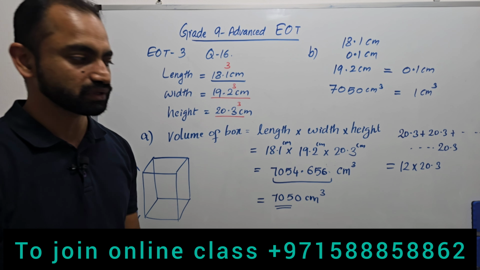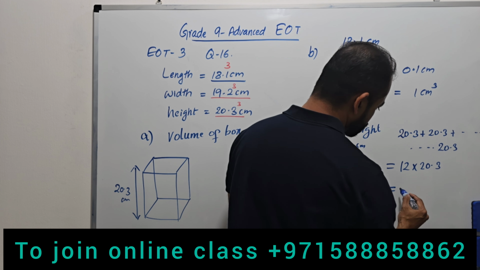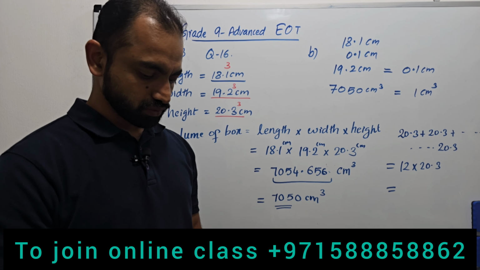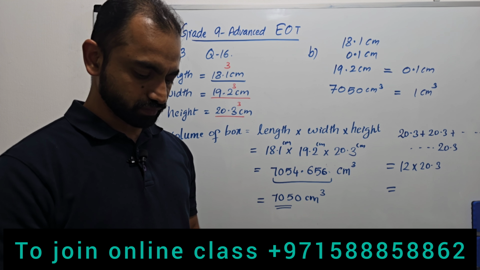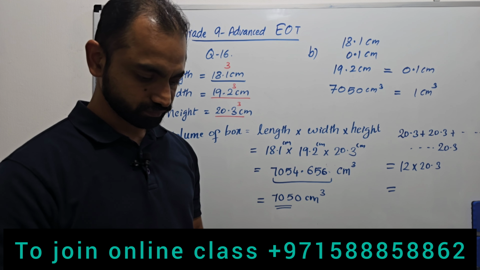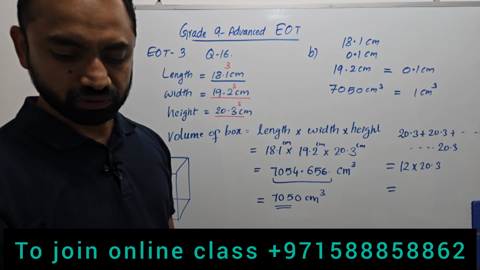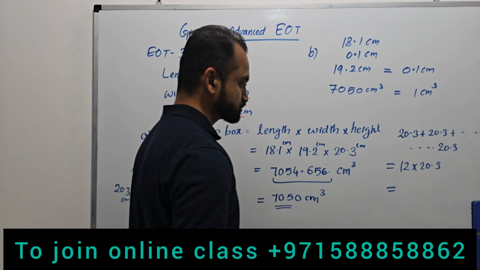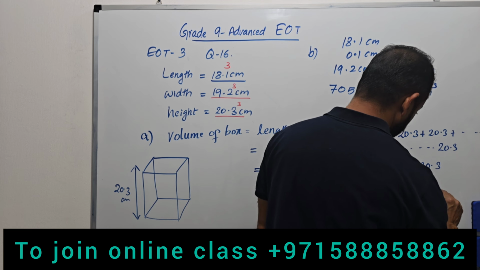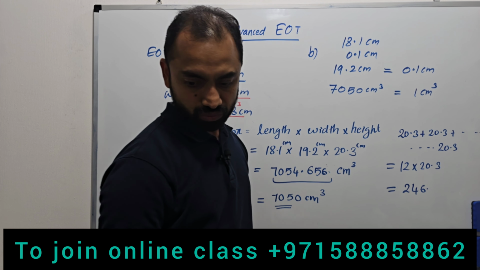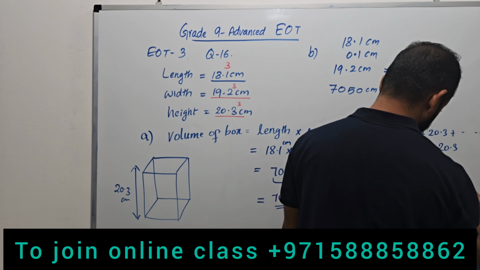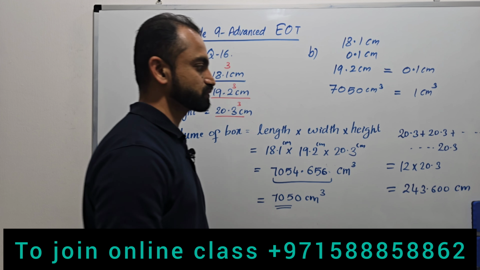So what is 12 times 20.3? It is 243.600, right? 243.600 centimeter. The answer will be in centimeter.